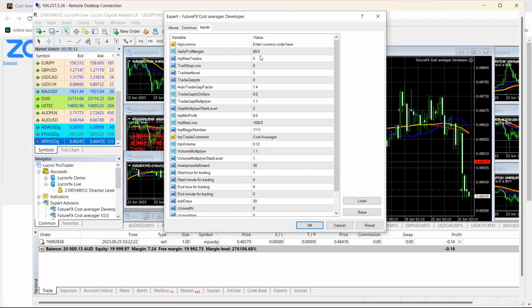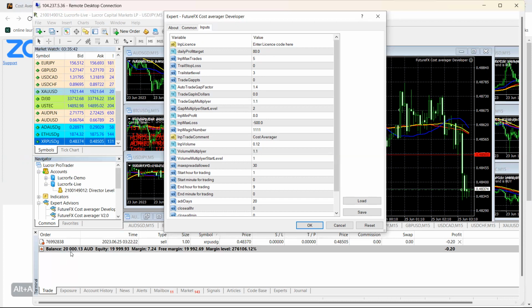Daily profit target. Now, this is one of the newish features. It was in the last version as well, though. One of the reasons that it allows this software to be quite hands-free and automatic is that every morning at the start of the market open, it's going to take the account balance, add $80 to it, and that will be my target for the day.